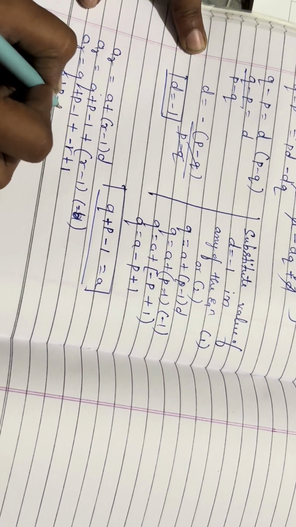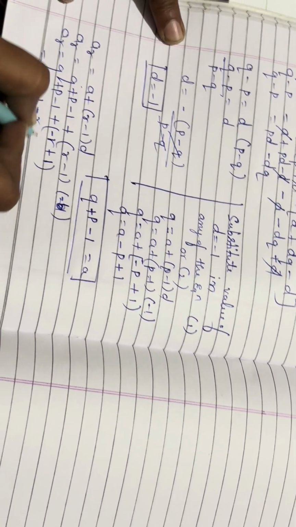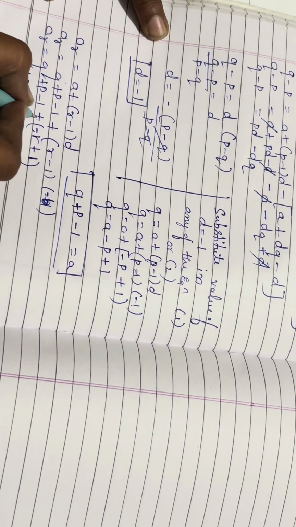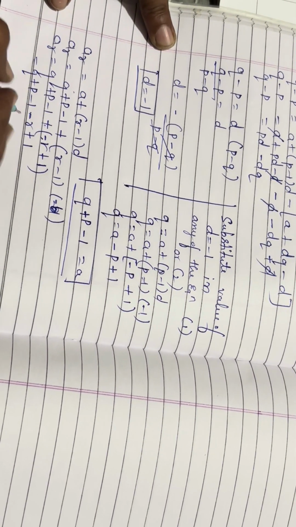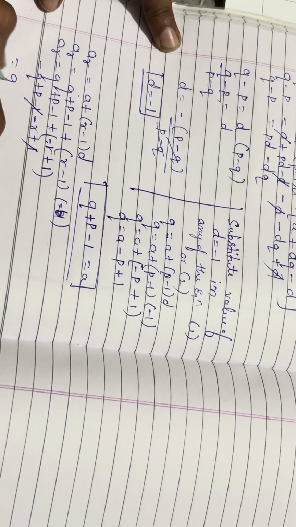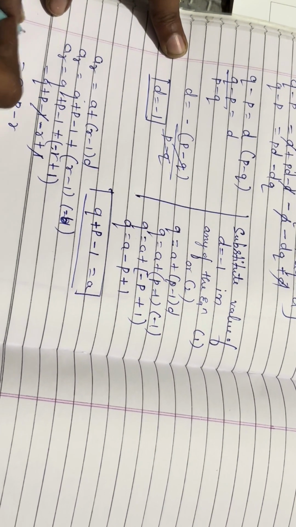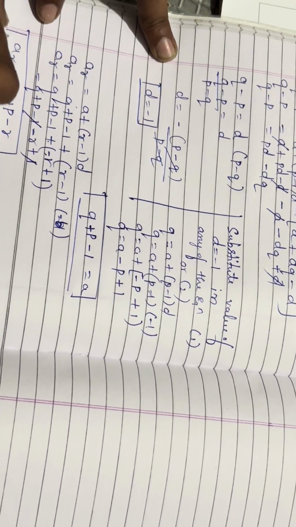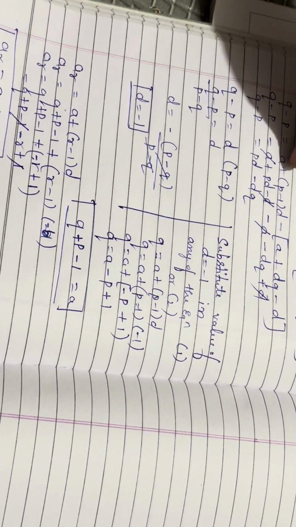Q plus P minus 1 minus R, plus 1: minus 1 plus 1 cancel. Q plus P minus R. A_R is equal to Q plus P minus R. We got the same answer.